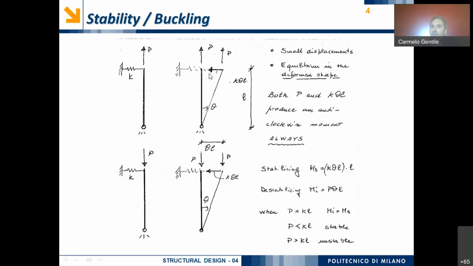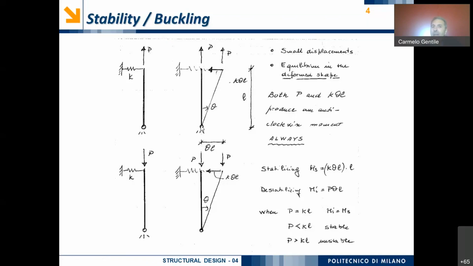So I have a force applied to this end of the beam, and this force, of course, is directed in this direction, okay?